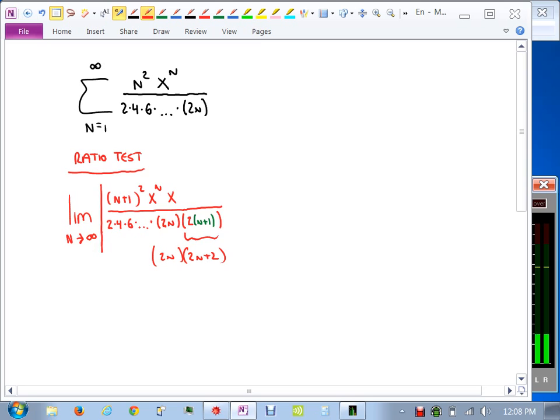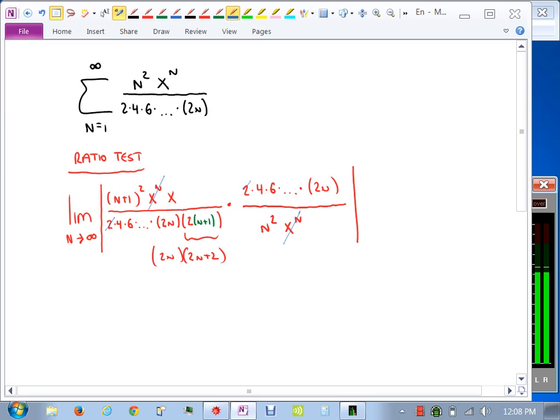Absolute value. Okay. Times over here, what do we have? Reciprocal, so 2 times 4 times 6 times dot, dot, dot, all the way out to 2n over n squared x to the n. And now we get some canceling here. X to the n. What else cancels?